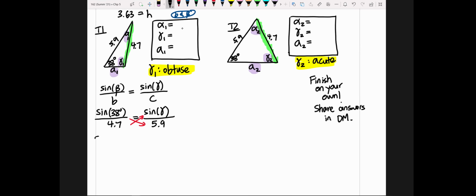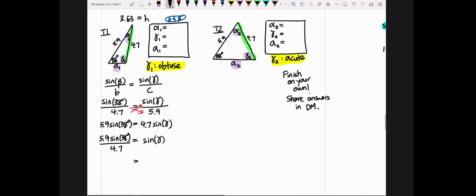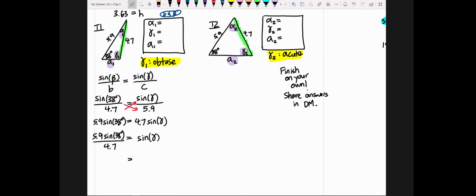So we have 5.9 sine of 38 degrees is equal to 4.7 sine of gamma. So let's go ahead and isolate sine of gamma. When we're solving for the variable, we need to first isolate the trig function. Okay, then we could isolate the variable.